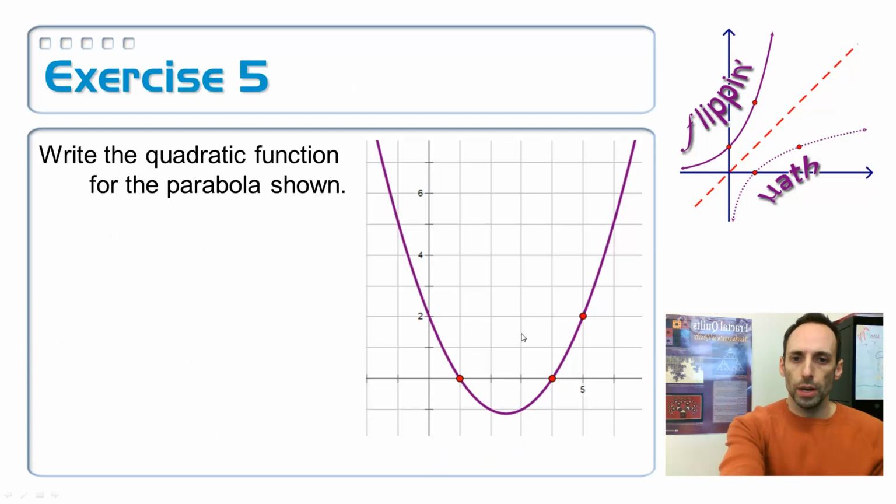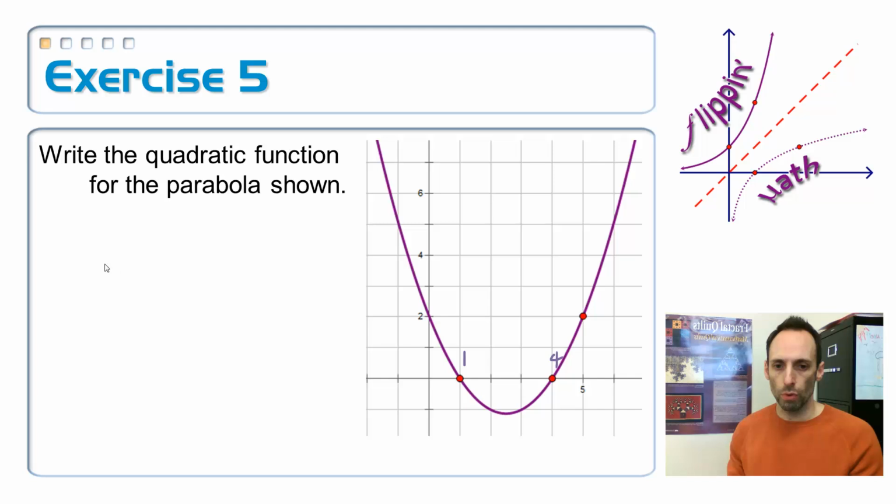Let's give that a try right here. Graph, write the quadratic function for this parabola. So I have my two x-intercepts and I've got my third point. My x-intercepts here are the coordinates 1 and 4.